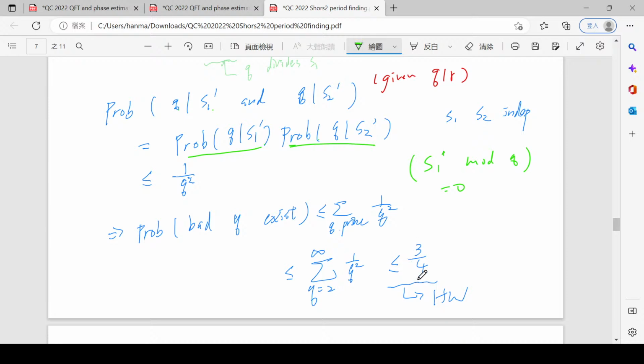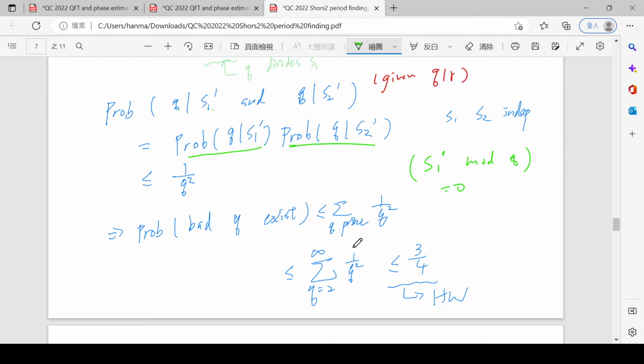And then we give an even worse approximation. Instead of summing over primes, we sum over every integer. Oh sorry, not every integer, because for 1, 1 over 1 squared would be very bad.